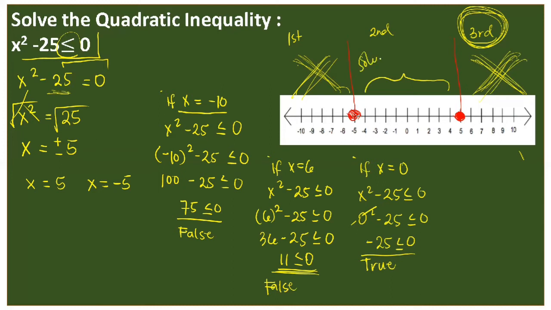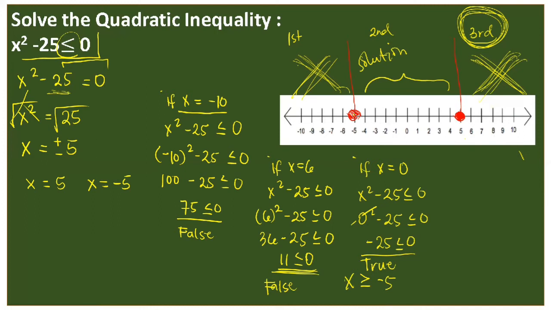So, how do we write the interval notation? First, identify that x must be greater than or equal to negative 5. But if that is the only statement, then 6, 7, 8, 9 would be included. We have checked that 6, or the third region, is not included in the solution set.